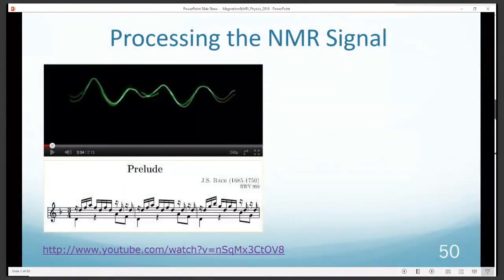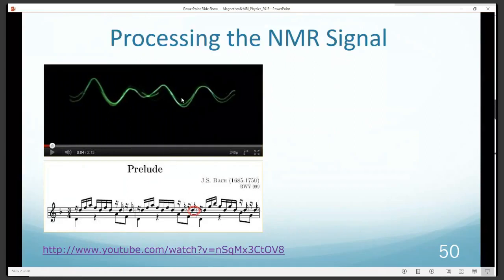Now, the processing of the NMR signal is similar to the processing you do in your head when you're listening to music. This is one note from a Bach prelude. It's this note right here, but you don't see this. You hear a note.